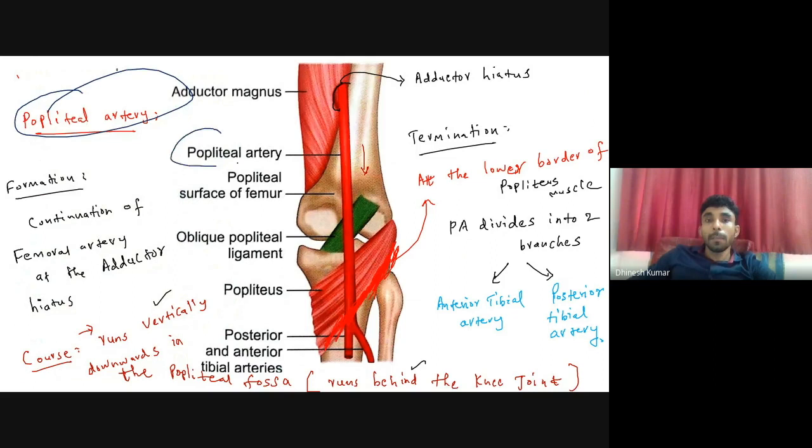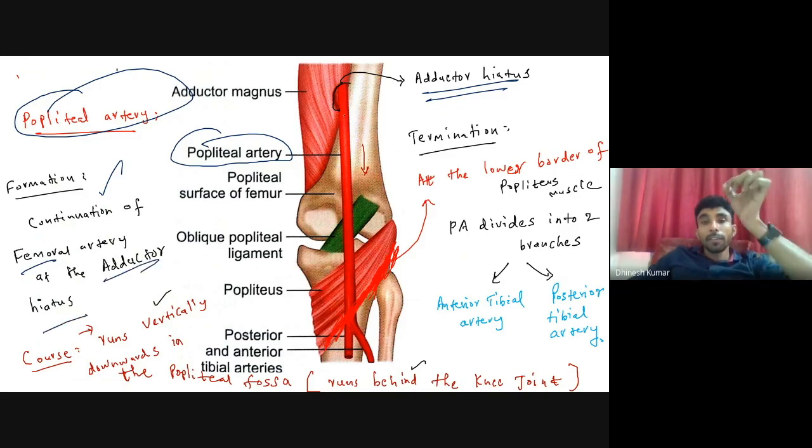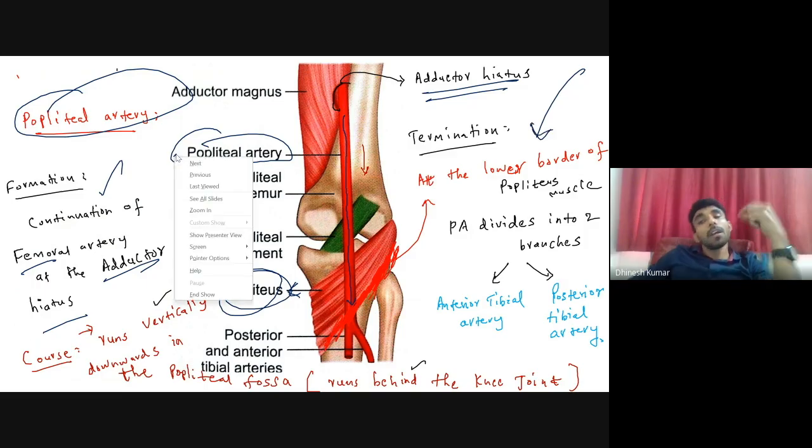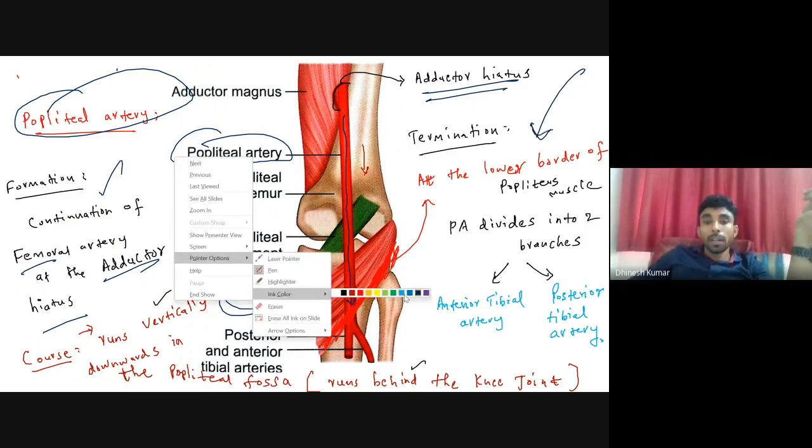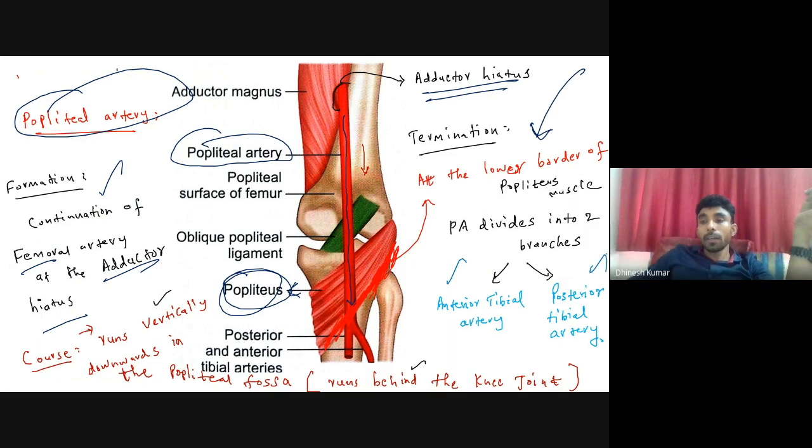As you see in this image, at the adductor hiatus the femoral artery continues as the popliteal artery. The popliteal artery runs almost vertically downwards, and when it reaches the lower border of the popliteus muscle, it divides into two arteries: the anterior tibial and the posterior tibial arteries.